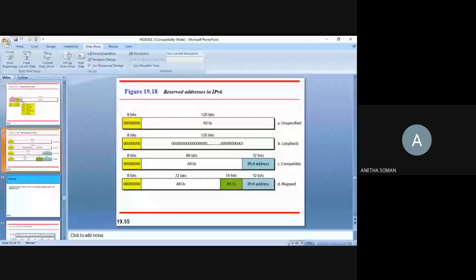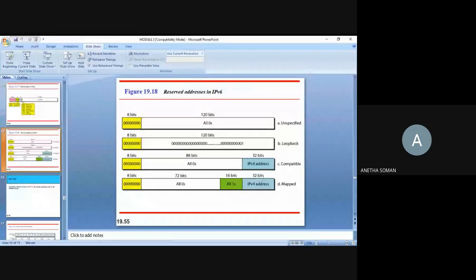That type of address is called the unspecified address. The second type is called the loopback address. The loopback address is used to test itself without going into a network. Before reaching the network, I have to test myself, so I will make use of an addressing mechanism. That is called the loopback address.